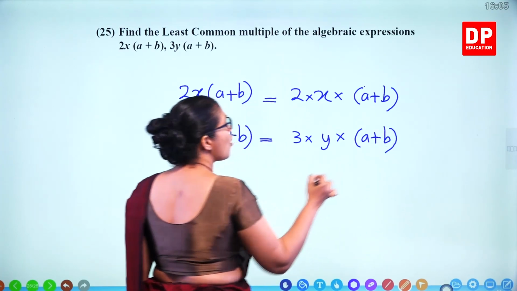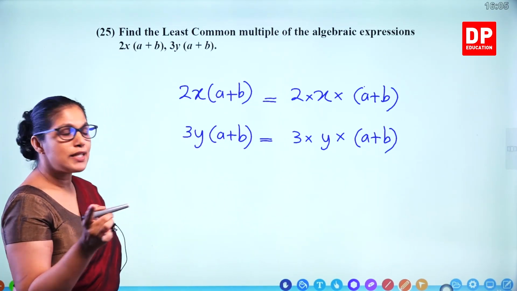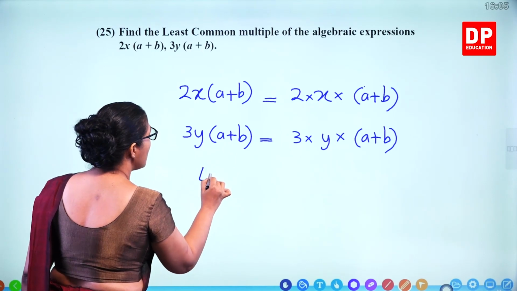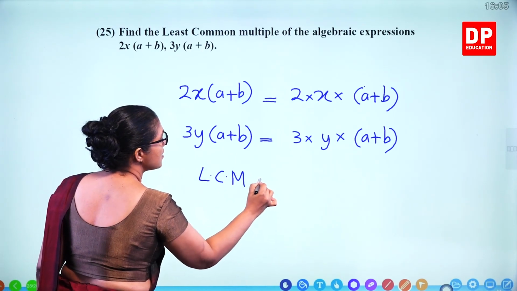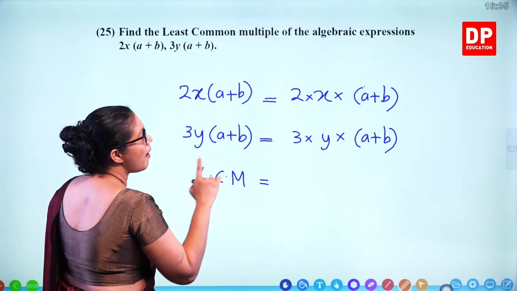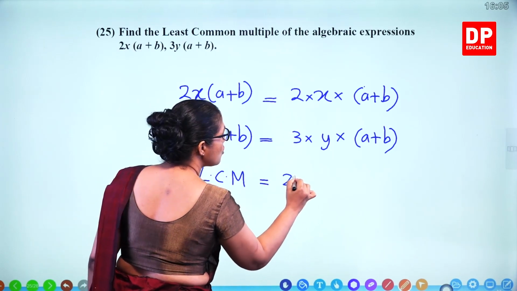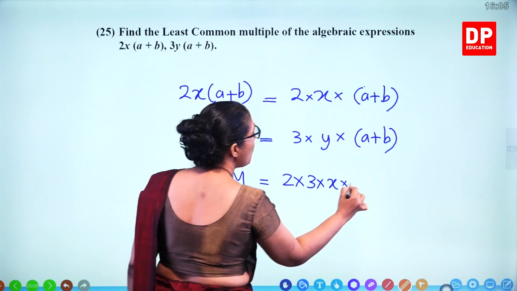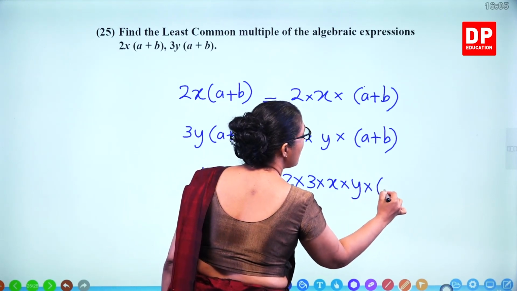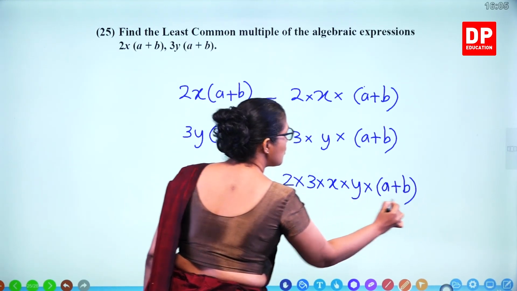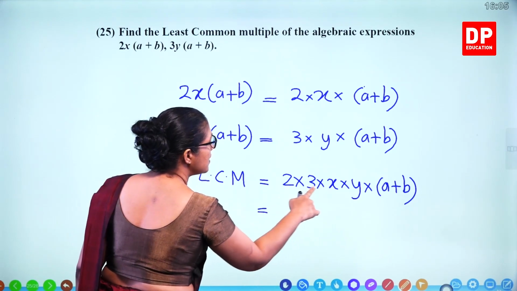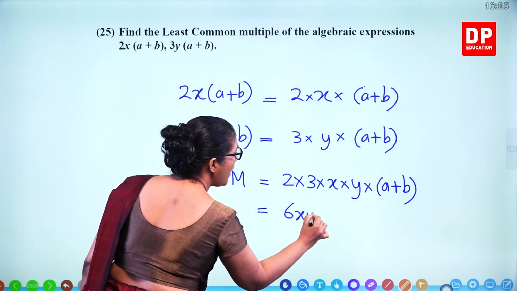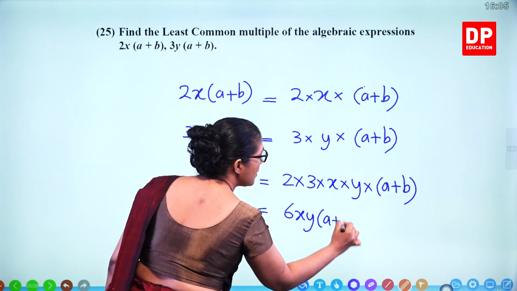For the lowest common multiple, you take all distinct factors with the highest power. So 2 and 3 with power 1, and x, y, all these with power 1, and a plus b. So what's the lowest common multiple? 6xy into (a plus b).